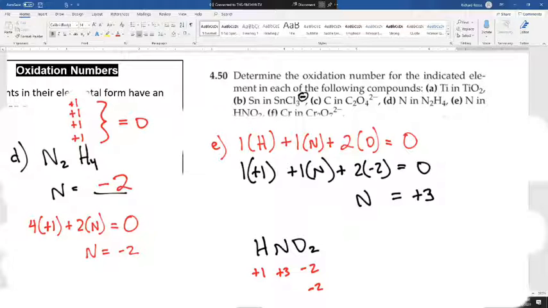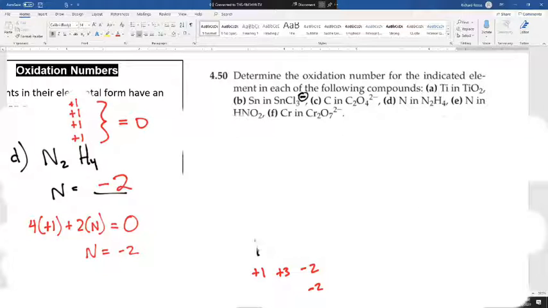All right, last one is a weird one here. We got Cr2O7, which adds up to 2 minus. Let's see.